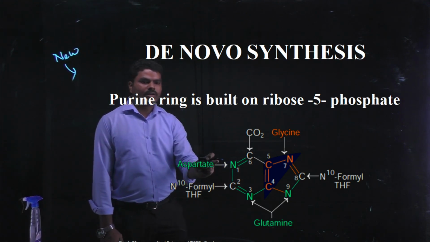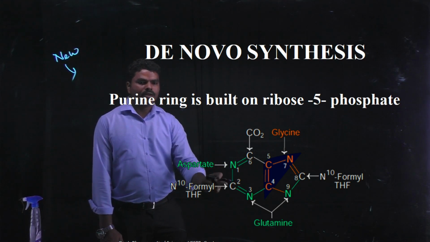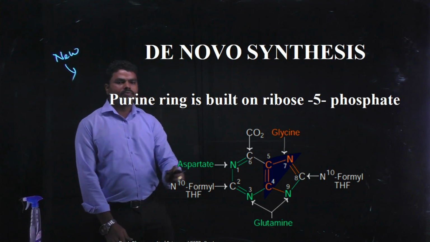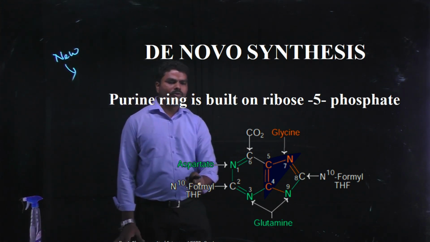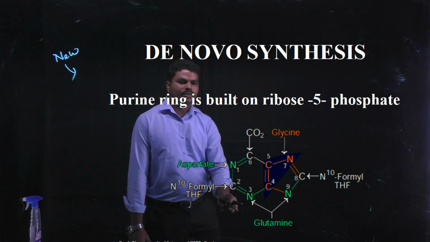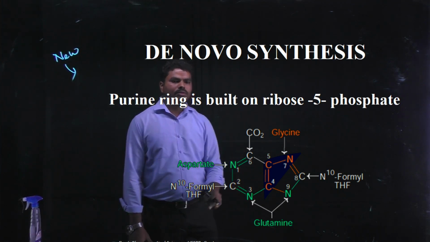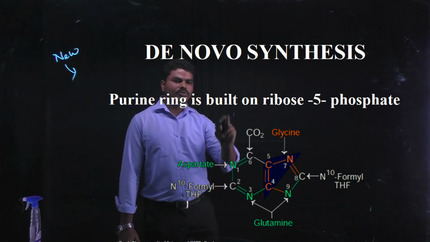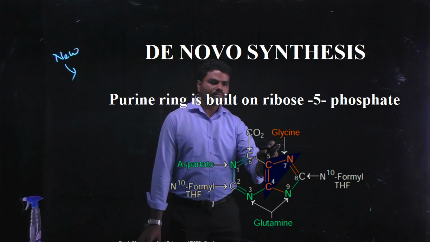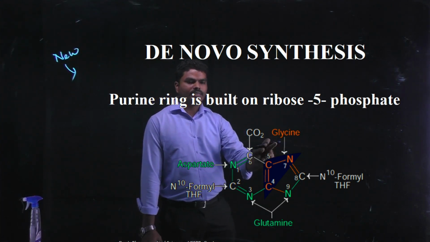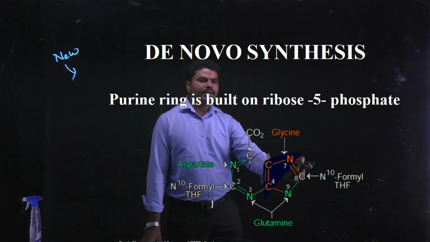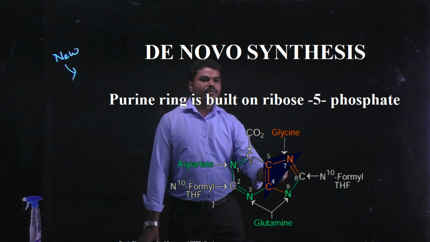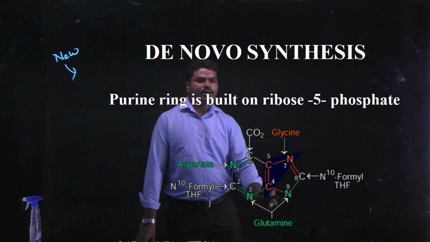So the first nitrogen is donated by the aspartate, and second carbon is donated by the N10 formyl tetrahydrofolate, and third nitrogen is produced from the glutamine, and fourth is produced from the sugar moiety, and fifth also produced from the sugar, and sixth is produced from the carbon dioxide, and this glycine will produce the seventh nitrogen, and N10 formyl tetrahydrofolate is again contributing the 8th carbon, and glutamine again contributing the 9th carbon.